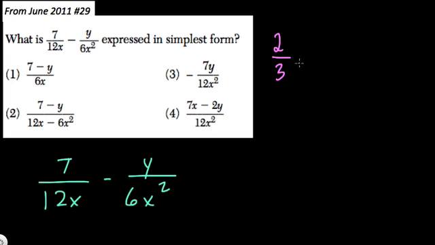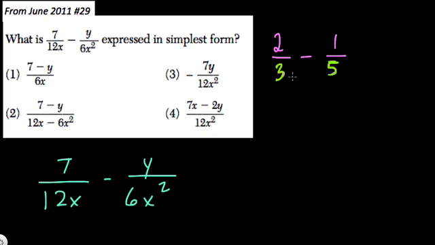If I have 2 over 3 minus, let's say, 1/5, one common algorithm is to ask, what is the common denominator of 3 and 5? Usually the approach is to find the smallest common denominator.